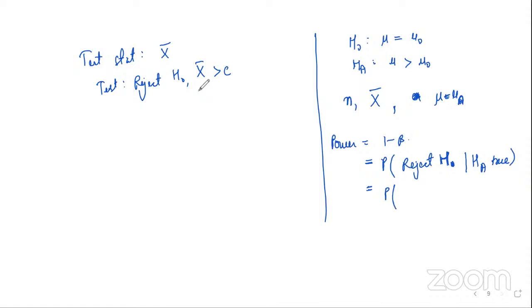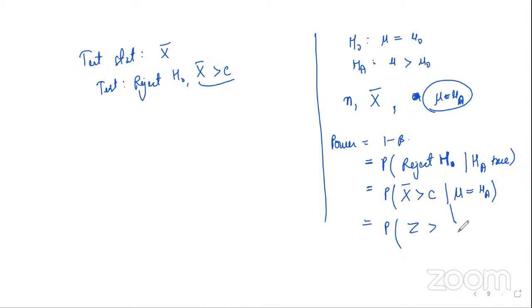So I am rejecting my H naught when X bar is greater than C. So probability of rejecting H naught is probability X bar greater than C, given HA is true. It means mu equals mu A, right? Now to find the power, you will have to convert this to Z form. Yeah, that's clear.